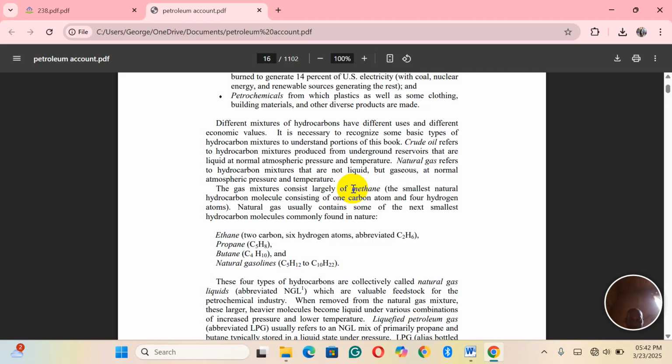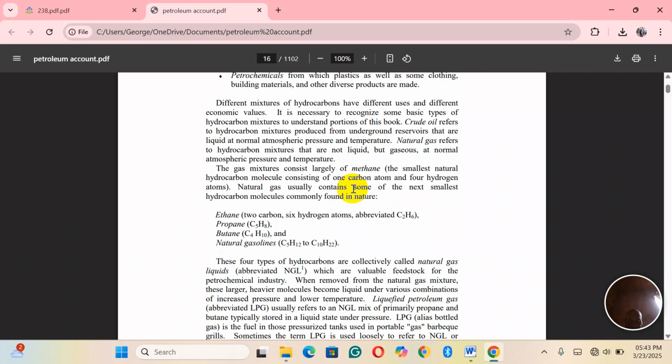Ethane, two carbon, six hydrogen atoms, abbreviated C2H6. Then propane, C3H8, then butane, C4H10, and also natural gasoline, C5H12 to C10H22.